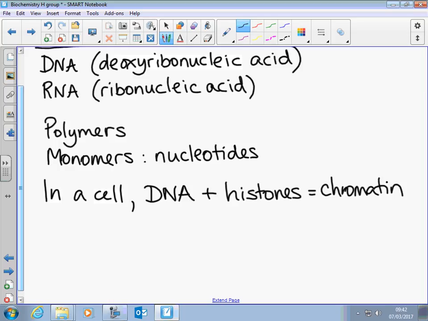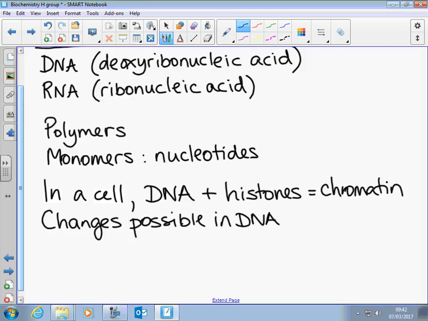The code can change if you have a mutation, when the DNA gets copied and that sort of thing. You do get changes. We'll come back to that idea. But changes are possible in the DNA code, or the sequence, I should say, and that's what we'd call mutations.